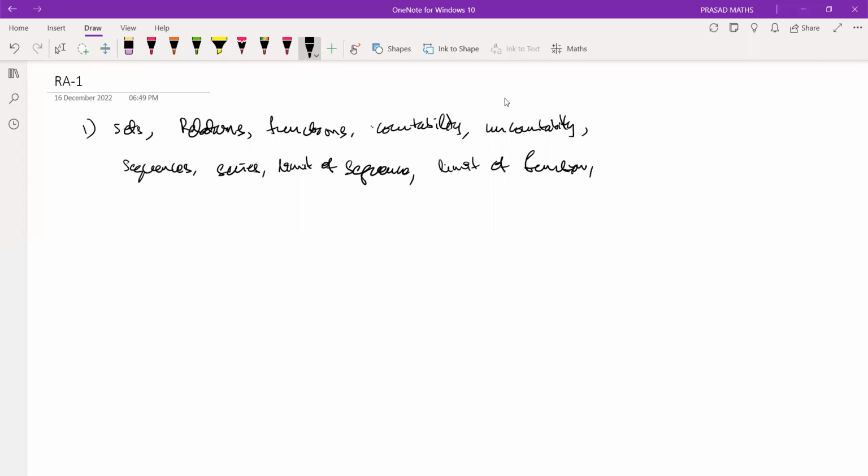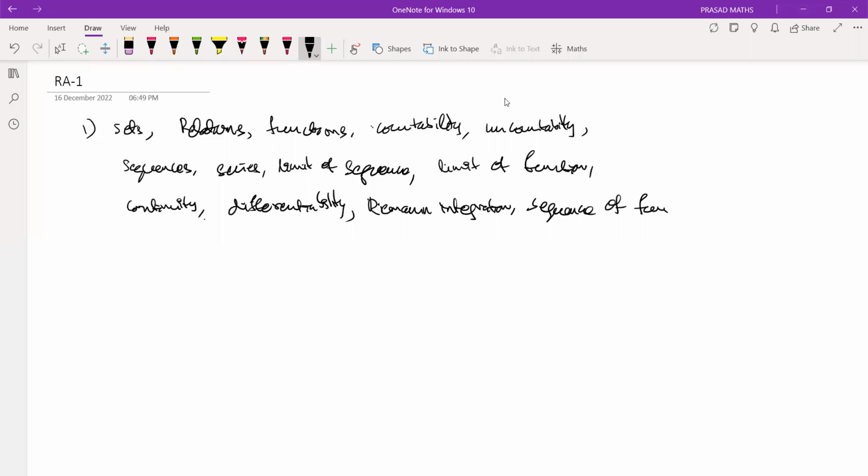In defining the limit of a function, we'll see continuity and differentiability, integration, and Riemann Stieltjes integration and Riemann integration, and sequences, series of functions, sequence of functions and series of functions.